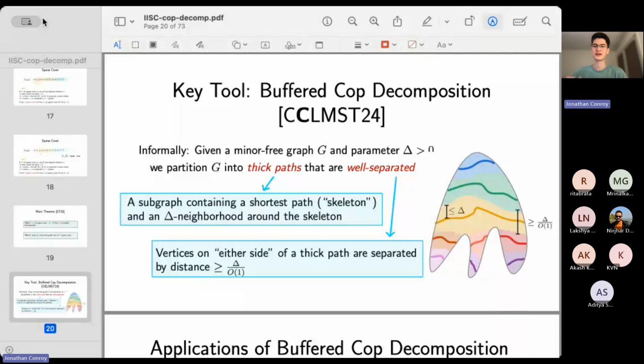The path is sometimes called the skeleton. And so we want to partition G into these thick paths that have limited interaction with each other. And the paths are all kind of far apart from each other.